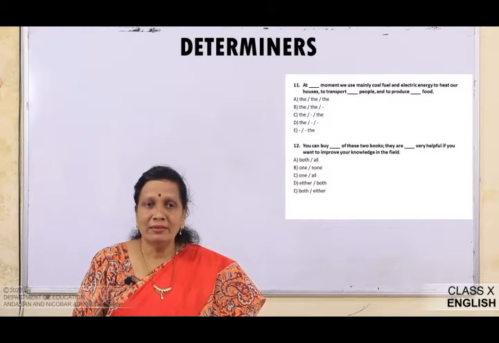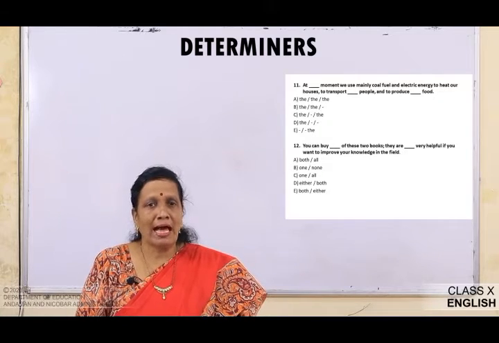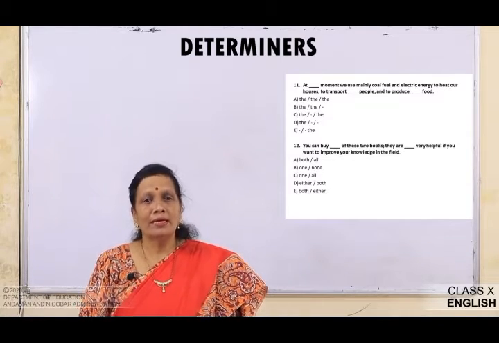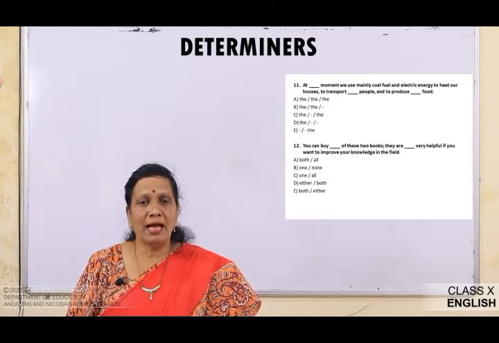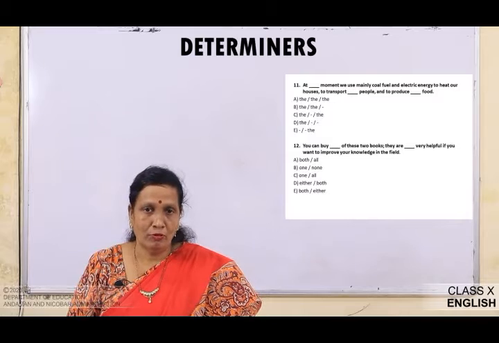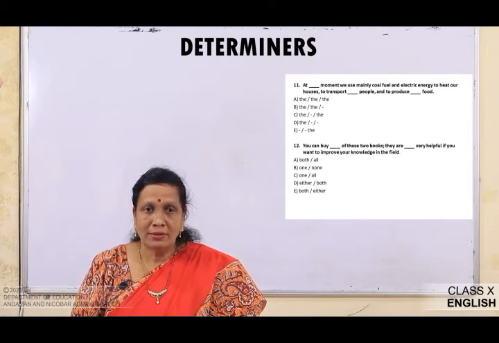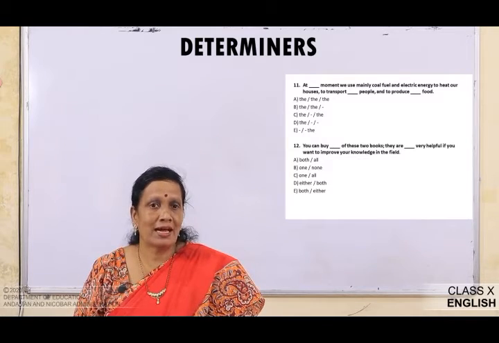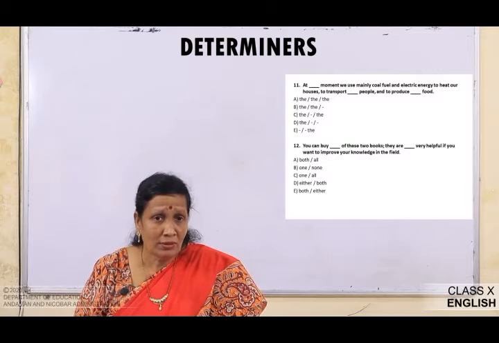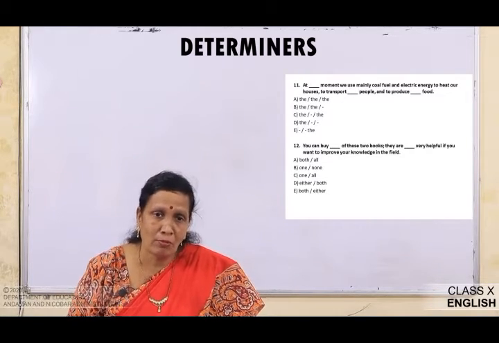Question number 11, at moment we use mainly coal, fuel and electric energy to heat our houses, to transport people and to produce food. Okay? So, here at the moment we are talking about, you know, the time now. That means at the moment we are talking about a particular moment.